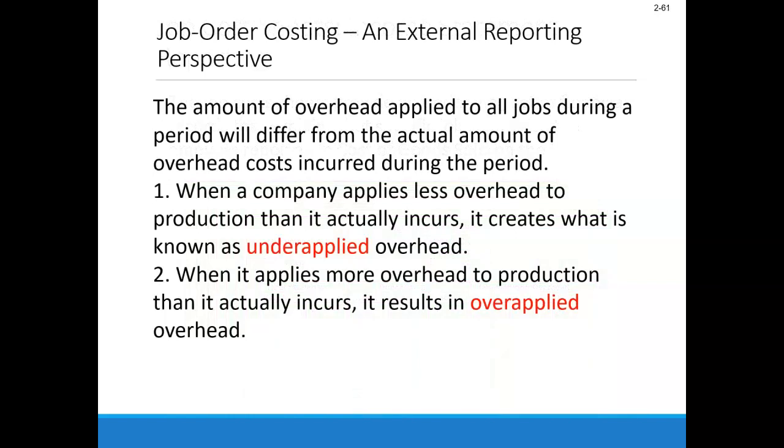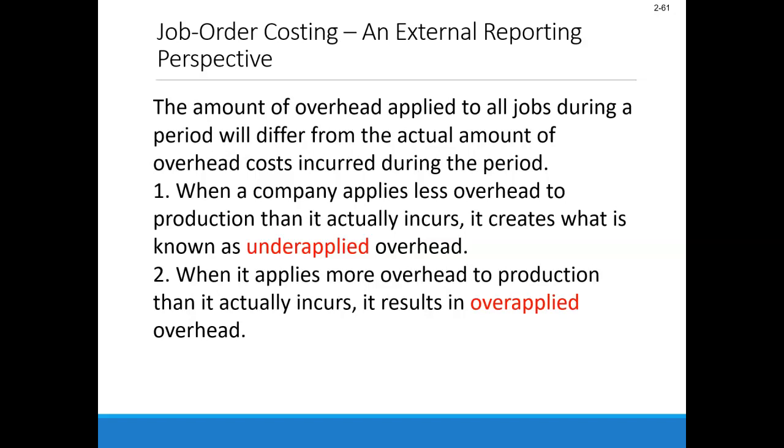Know the amount of overhead applied to all jobs during a period is going to differ from the actual amount of overhead incurred during the period. When a company applies less overhead to production than it actually incurs, then we've got underapplied overhead, which means there's more actual cost out there and we didn't apply enough to the jobs.